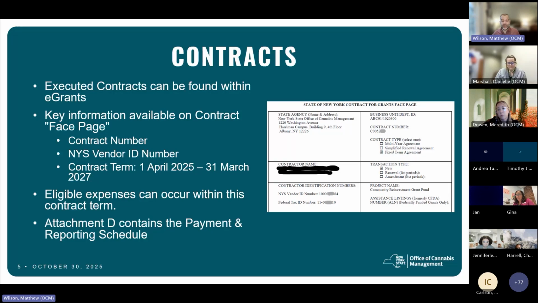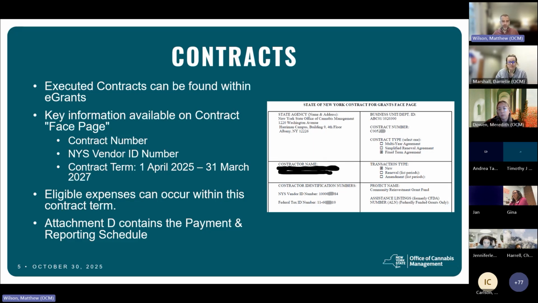And the answer is yes. While we are late in issuing the contract, if you have an eligible expense that occurred after April 1 and you want to claim reimbursement for that in this grant, you are most welcome to do so. And the appropriate time to do that is actually in the first reporting period, which we will be covering.